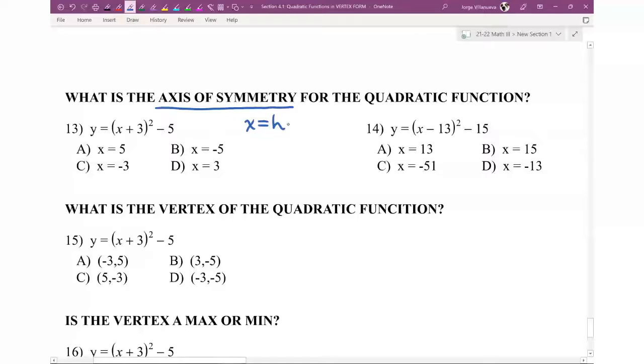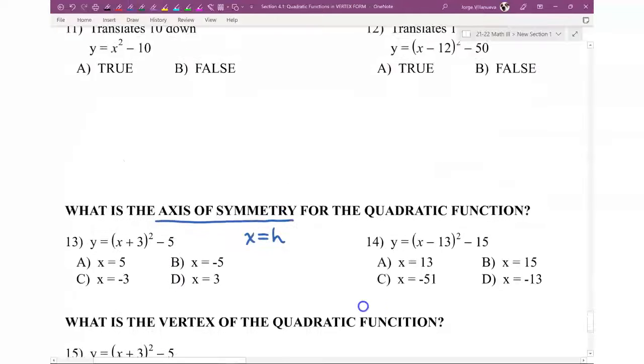So let's do number 14 really quick. What's my H value for number 14? 13. That's my answer. Okay? What's my H value for this one right here? -3. So C is my answer. Right? That's pretty easy. Just look for your H value.